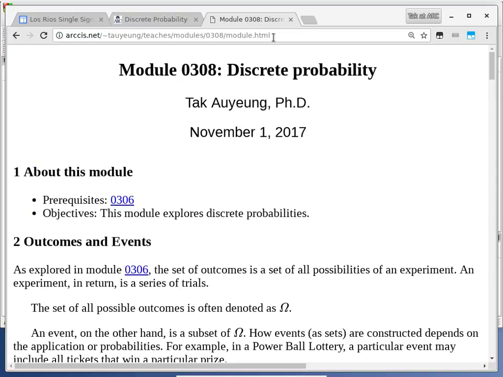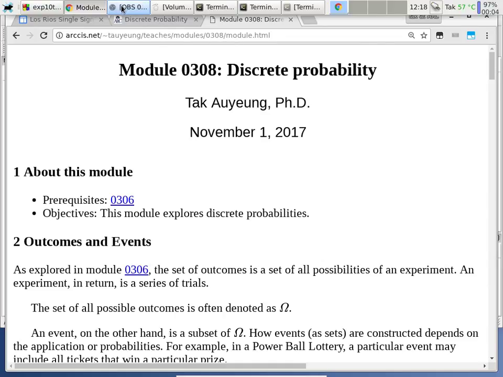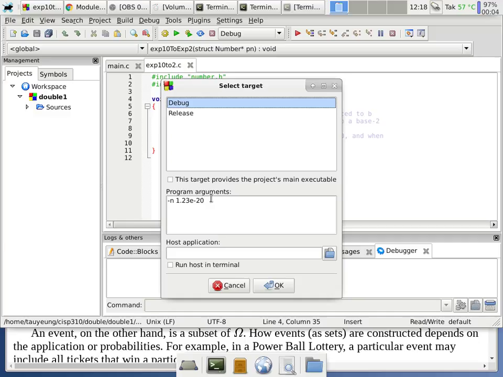Did you show how to put the arguments in CodeBlocks yet? Yes. Basically, it is just three numbers. This is for a different program, so you don't want to do it like this. You just specify the three numbers like 1, 2, 3. Obviously that doesn't make any sense. The first one is the number of trials per experiment.